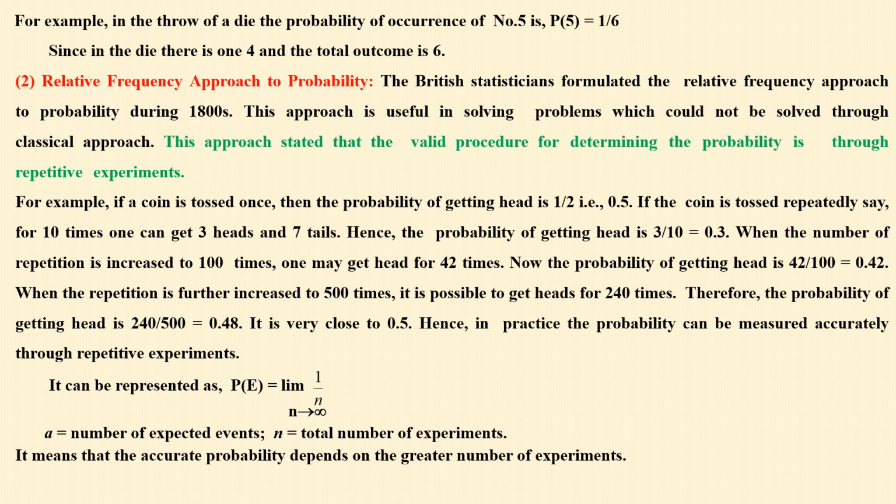Getting any one number, maybe 4 or 5, the probability is 1 by 6, because total outcome is 6, and the expected outcome, that is the expectation of 5, is 1, thereby 1 by 6. In the case of tossing of a coin, we are expecting head, so head is 1, and the total outcome is 2 only, the 2 sides of one coin.